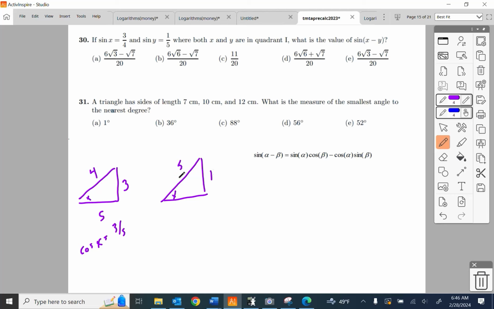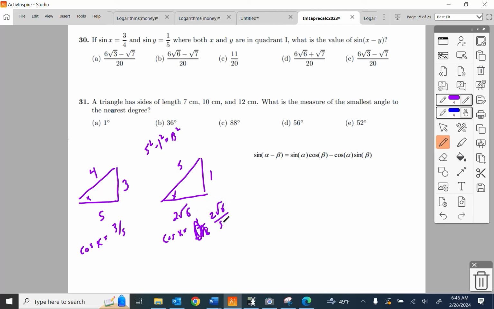The hypotenuse, if we do 25 minus 1, we get 24, which is 2√6. That was 5 squared minus 1 squared equals b squared. That's all that was, which is √24, which is 2√6. So I know the cosine of y is going to be 1/2√6. No, it's going to be 2√6/5.